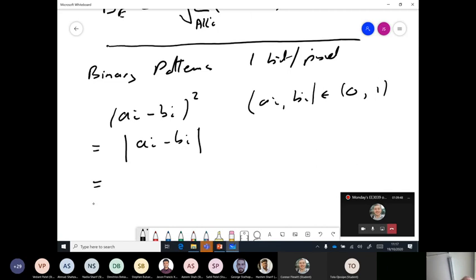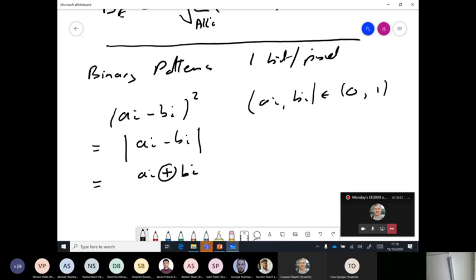You will find that that squaring is equal to a modulus. And interestingly, that is also equal to a logical operation. Now, can anybody spot the logical operation that the modulus represents? Well, it's exactly the same as a_i exclusive OR b_i.